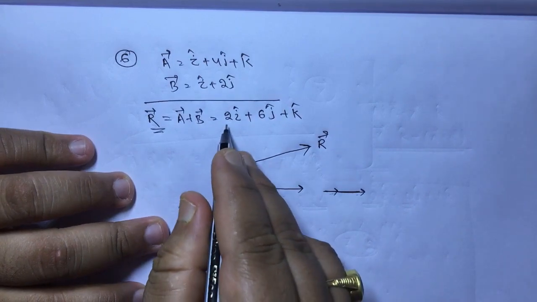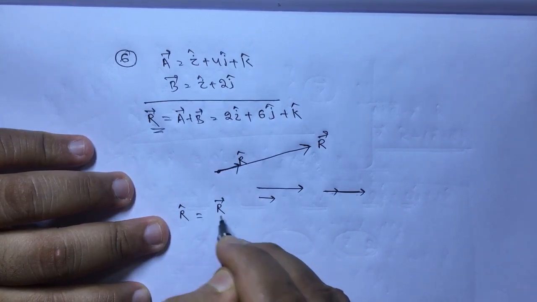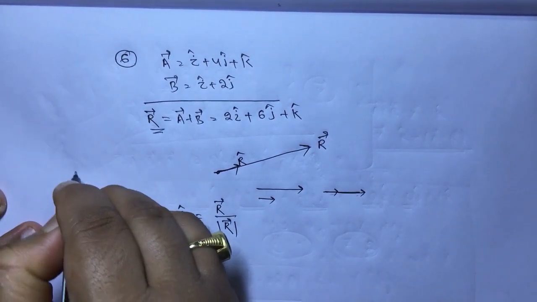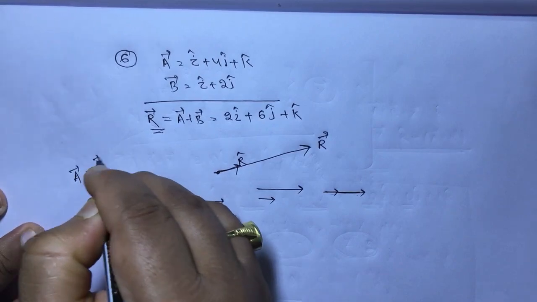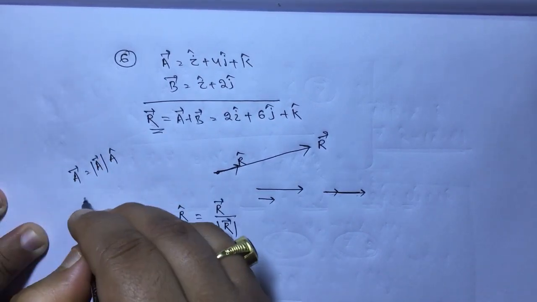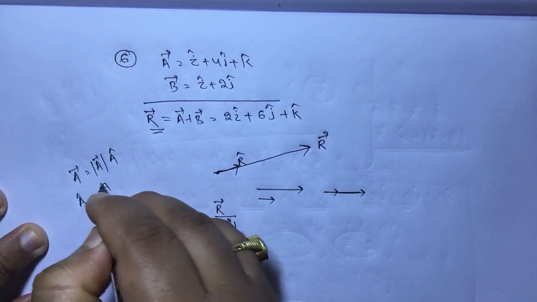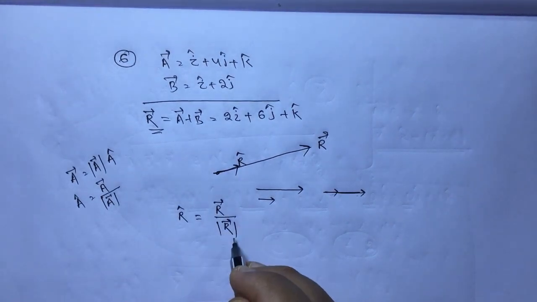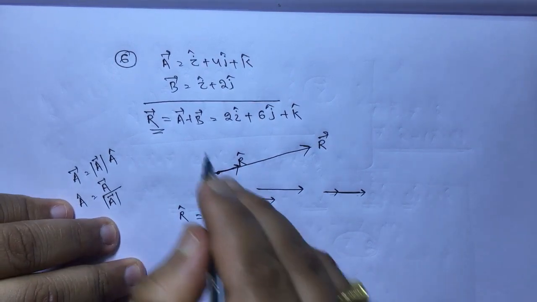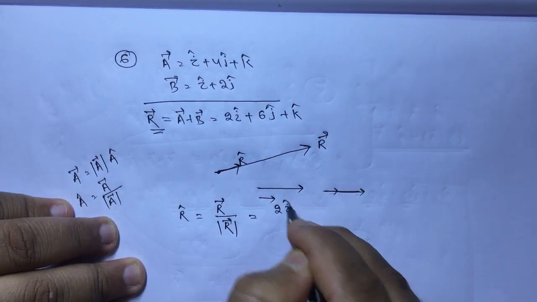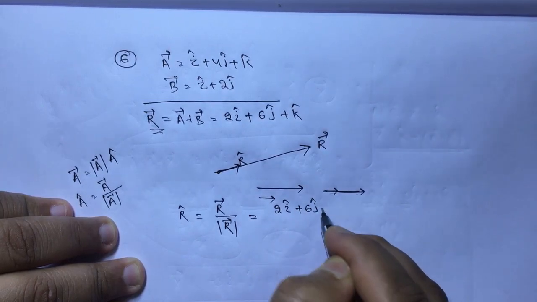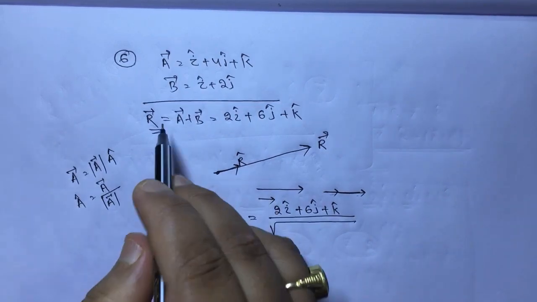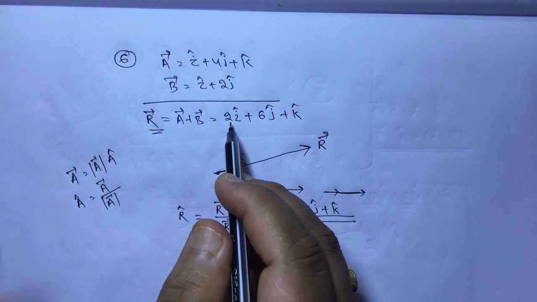Simple thing. Okay, so find r cap. How to find r cap? It is r vector divided by r vector magnitude. Remember this formula. From where it came? From here. A vector equal to a vector magnitude into a cap. So a cap equal to a vector divided by a vector magnitude. So r cap equal to r vector by r vector magnitude. So r vector is 2i cap plus 6j cap plus k cap divided by root over of r vector magnitude. This vector magnitude, how much?